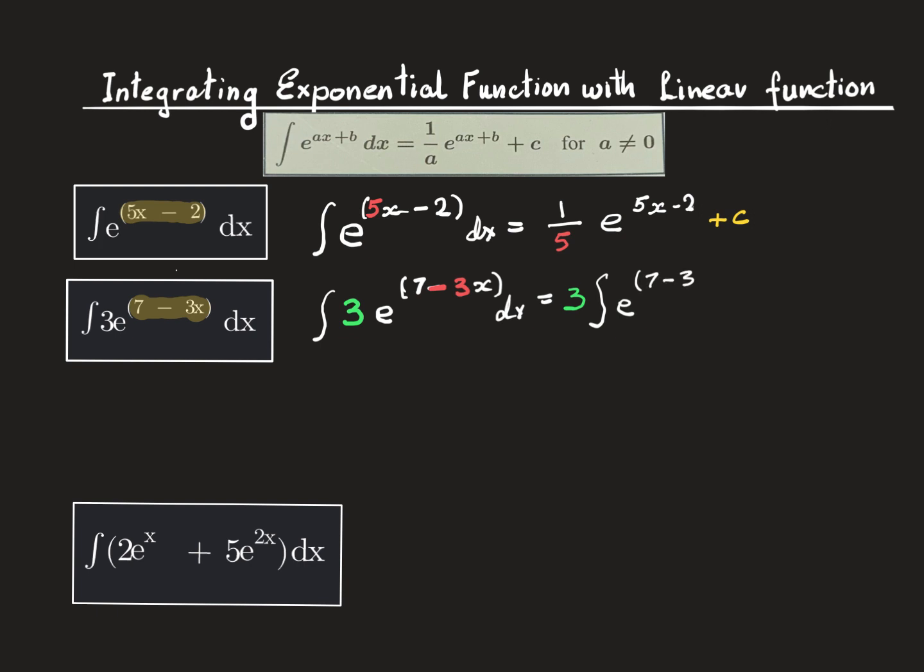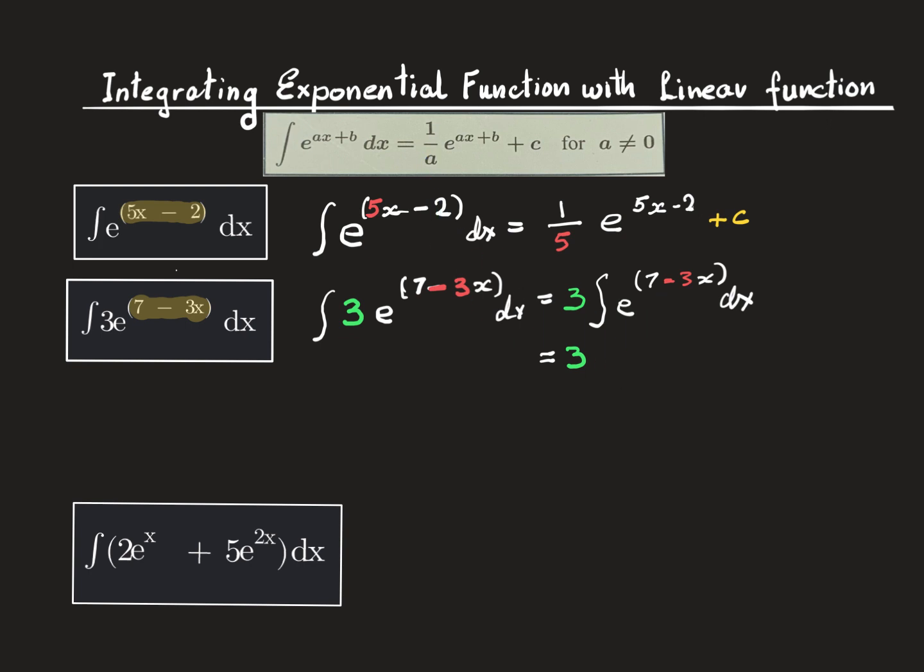e to the 7 minus 3x dx. As I now start to integrate, the 3 stays, and now I'll do the integration of the e to the 7 minus 3x. So as my formula indicates, I need to put 1 over minus 3.